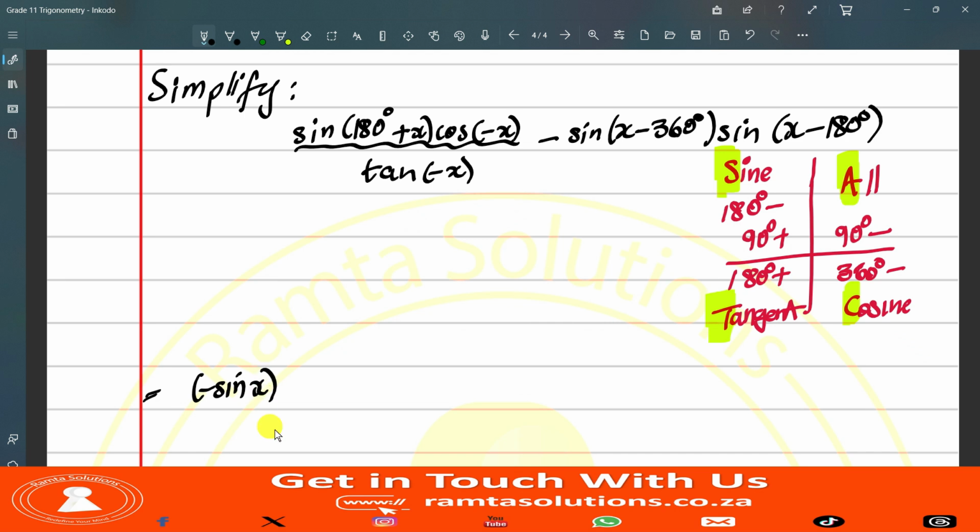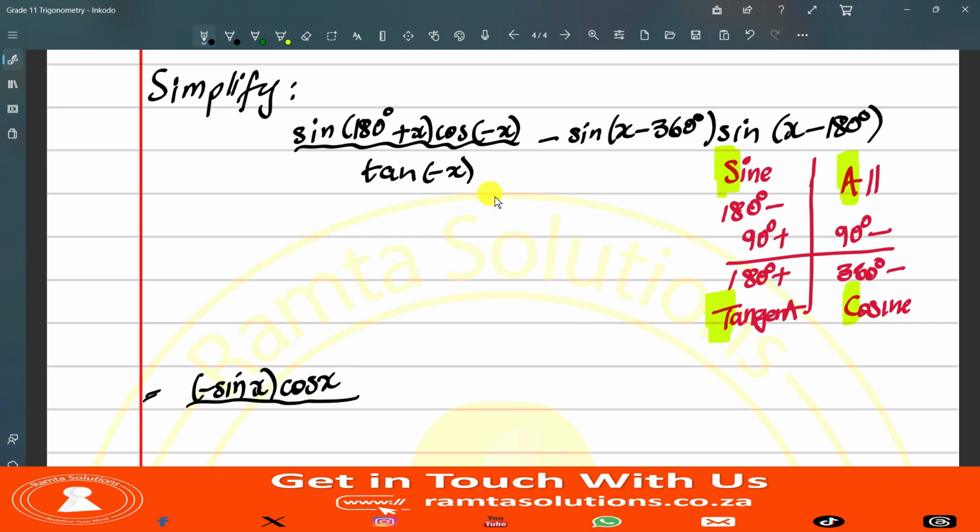Now we have cos of a negative angle. Because this angle is acute, a negative angle would mean you are moving clockwise. A negative acute angle would be in the fourth quadrant. So cosine of a negative angle is always positive, so this becomes cos x.